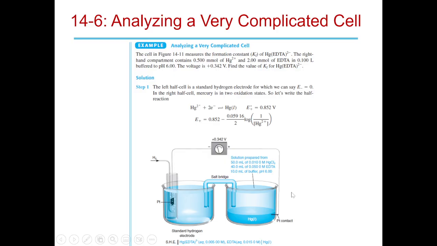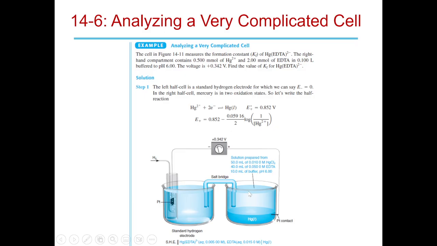Okay, so what would happen if you analyze a very complicated cell? So we have a cell here, 1411, measures the formation constant, Kf, of this mercury EDTA.